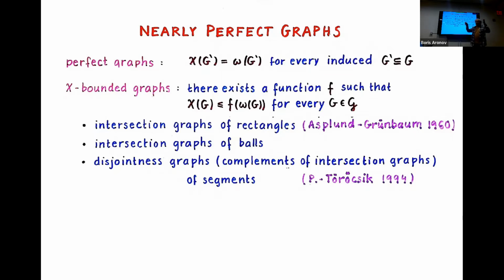So the complement. Disjointness graph is the complement of intersection. And disjointness graphs of segments, Törőcsik, who was at that time a PhD student at Koran, you definitely remember him, proved that they are also nearly perfect.